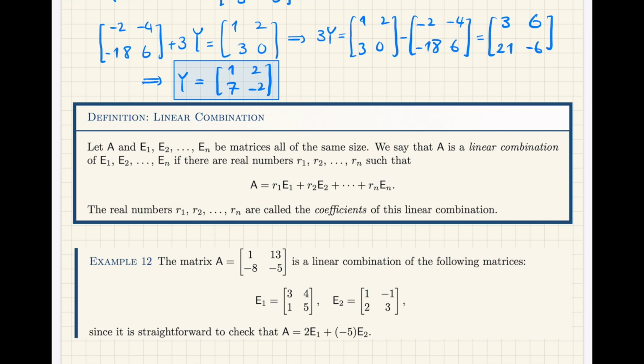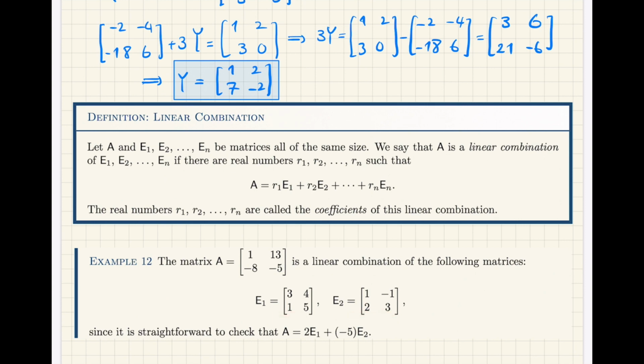Yes? So if you have a bunch of matrices, you multiply them by some numbers and add them together, you get a new matrix. That new matrix is said to be a linear combination of these matrices. And the numbers that you have used here are called coefficients of this linear combination. For example, assume that this matrix is A and these two matrices are E1 and E2.